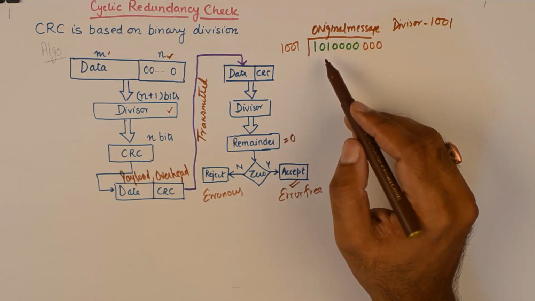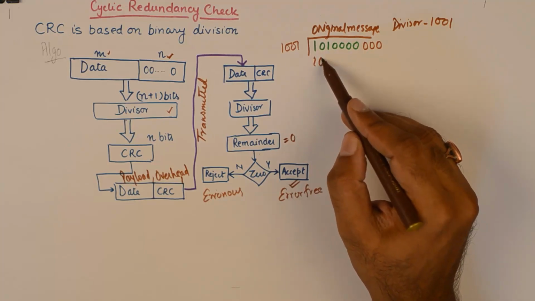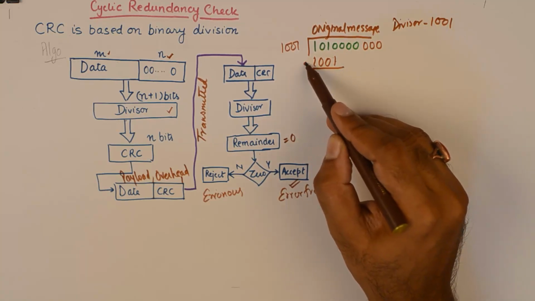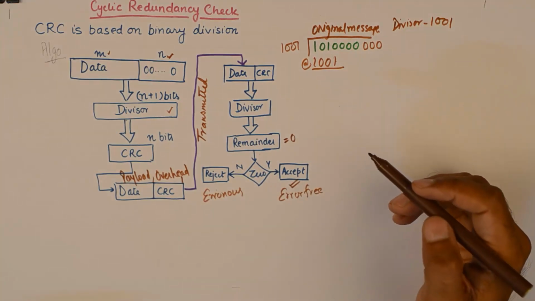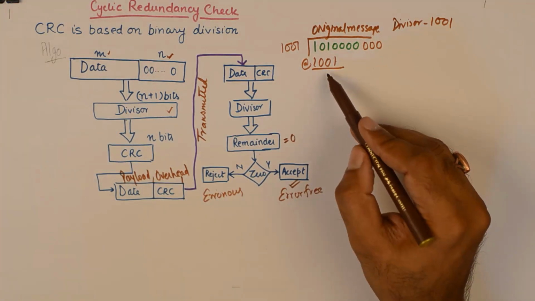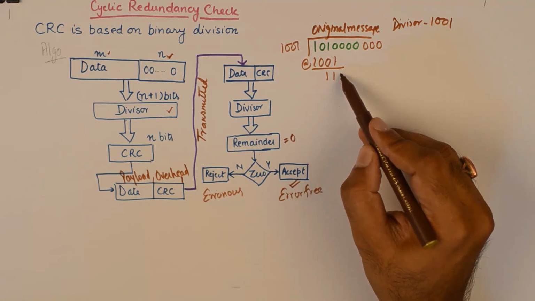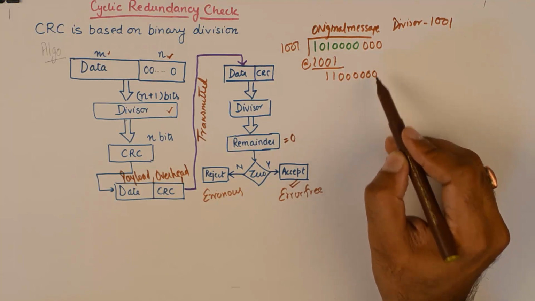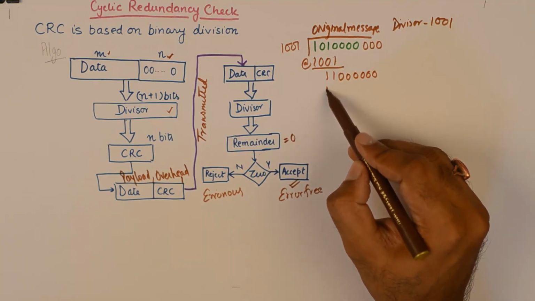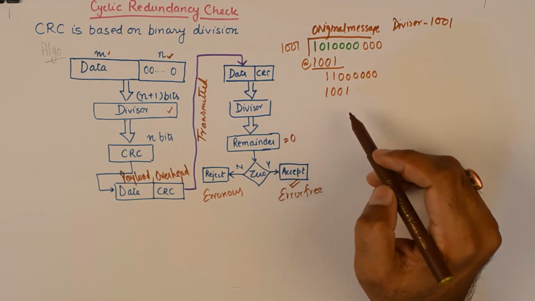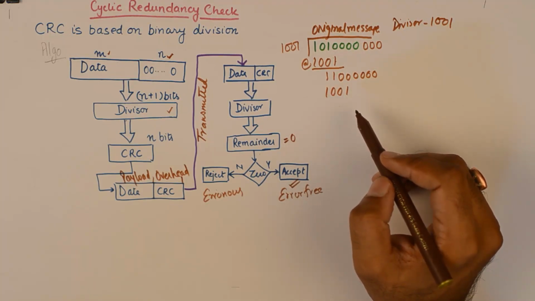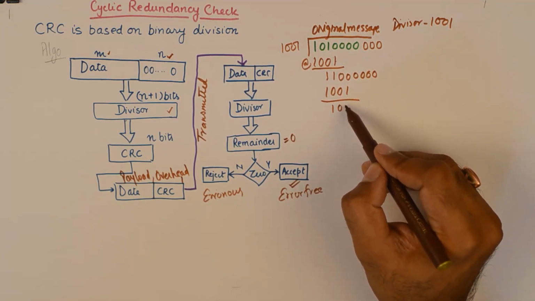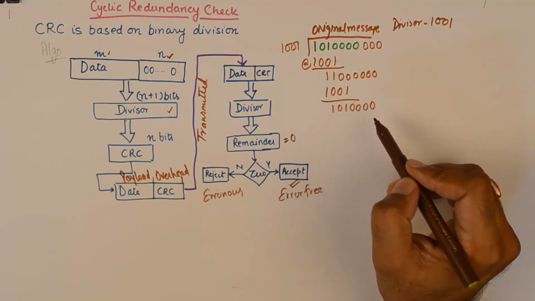So what we have here is 1 0 0 1 and we XOR it. I'll put a @ sign for XOR, so I get a 1 1 here followed by 6 zeros, and then I'll do an XOR again with 1 0 0 1. What I get is 1 0 1 followed by 4 zeros.